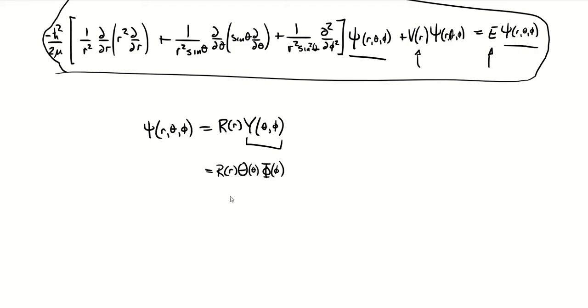And we're going to essentially deal with each of these individually, following separation of variables, and then put them all together to get our full wave functions for the hydrogen atom. With that outline, we have a path forward to solve this differential equation.